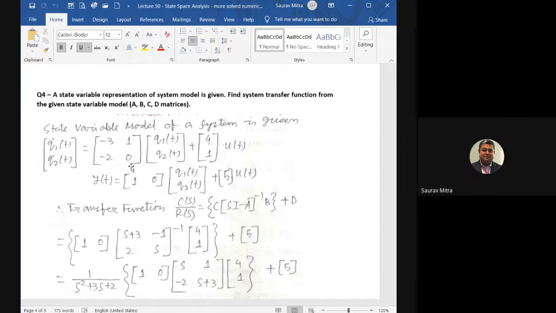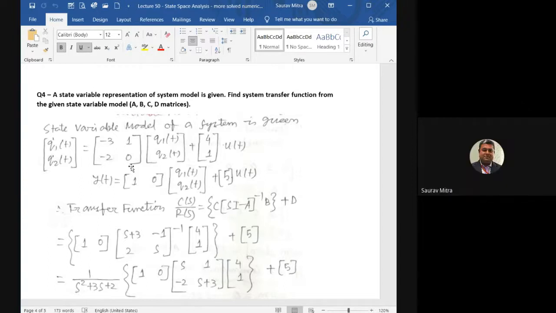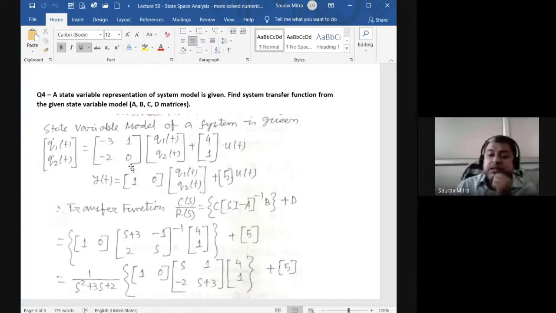Then only our work will be over. That is, from the state variable model given, we can tell the equation of q1(t) and the equation of q2(t). That means the state variable equation should be in my hand, like an open equation. That equation should not again take different variables into it.